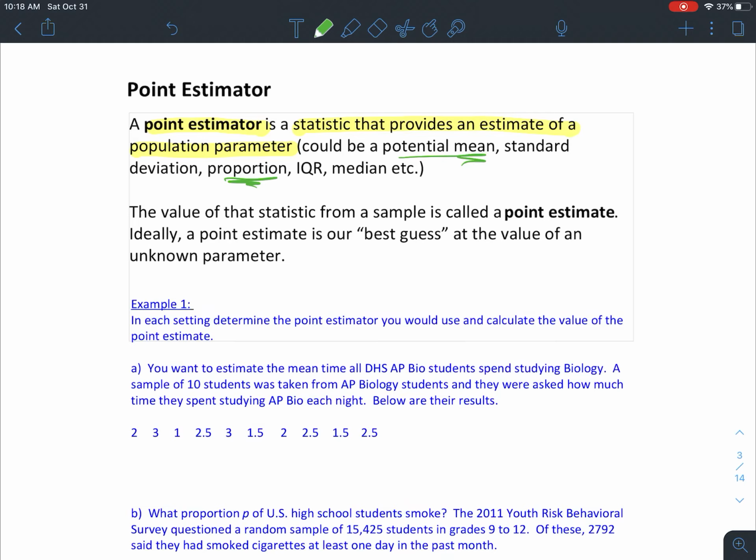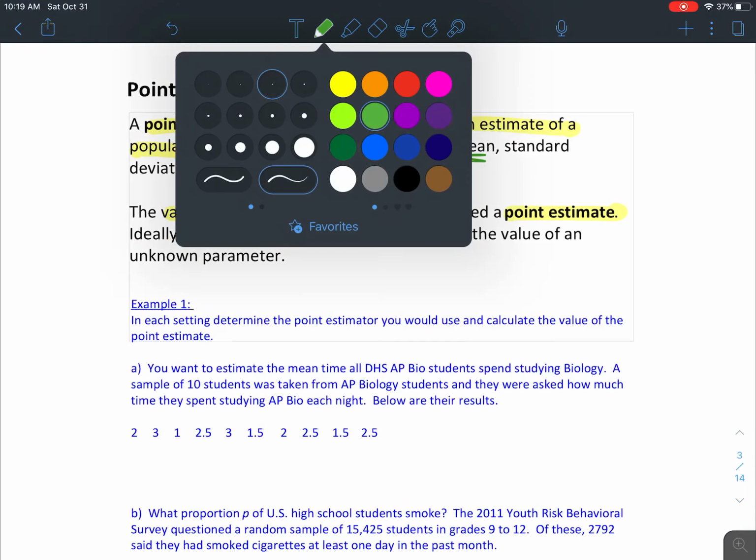Honestly, the two that are typically focused on in AP Stats are trying to estimate a population mean or a population proportion. The value of that statistic from the sample that you took is called a point estimate. It's just a single value, and it is our best guess at what we think the unknown parameter is. It's not super accurate, but it is our best guess.